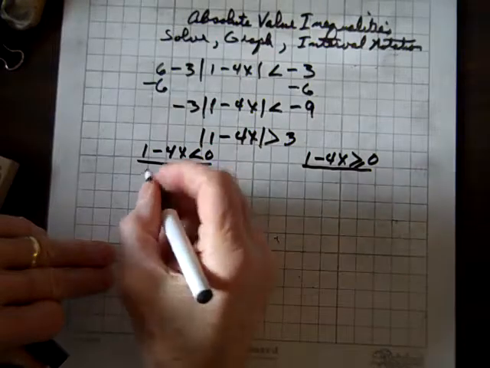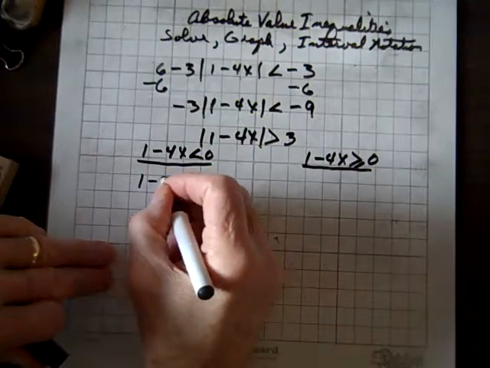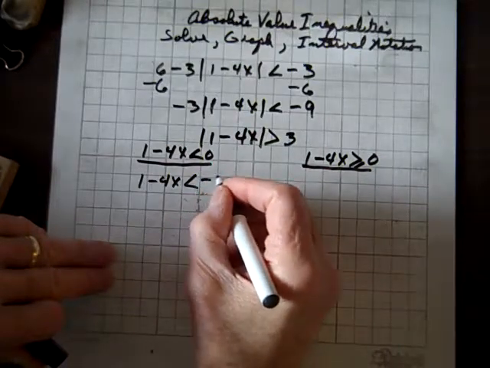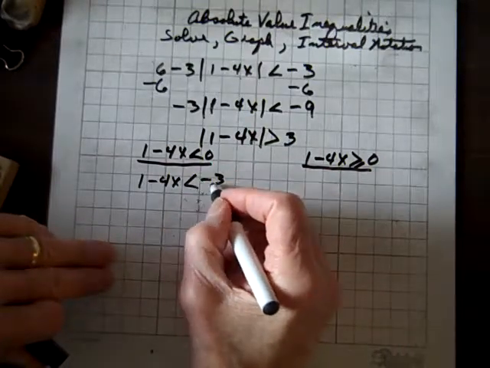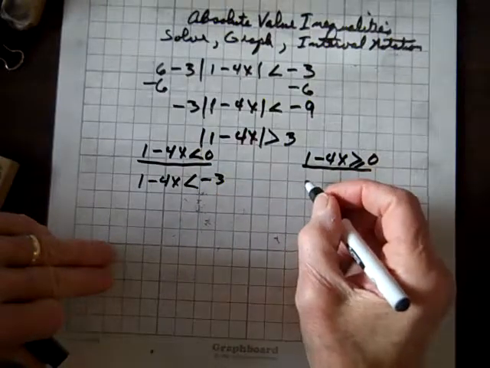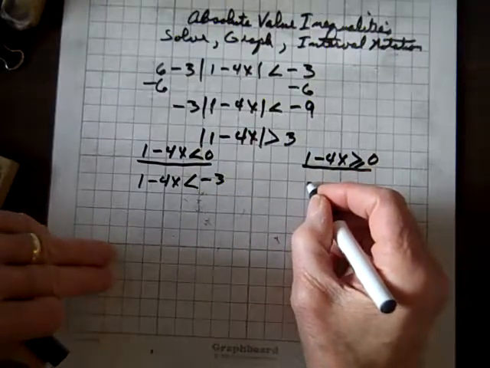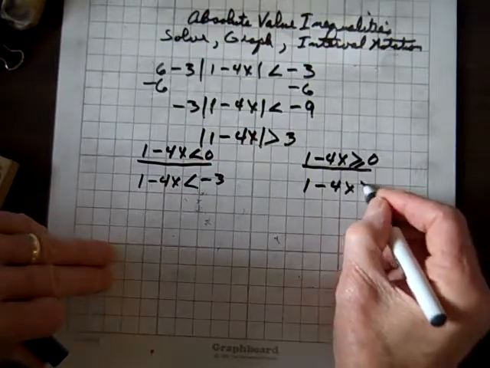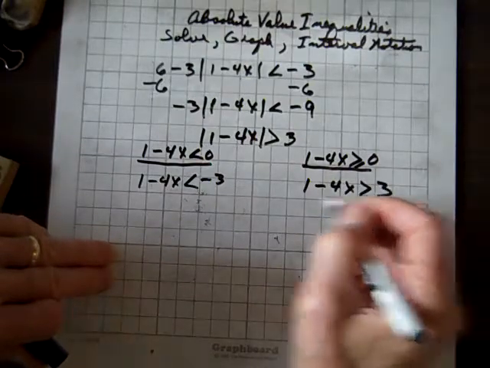So if this is the case, then we're going to have 1 minus 4x is less than negative 3. Notice I flipped the inequality and replaced 3 with negative 3. Here we can just drop the absolute value bars and we get 1 minus 4x is greater than 3.